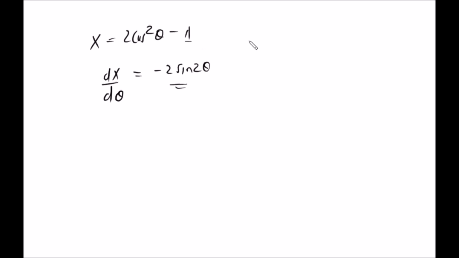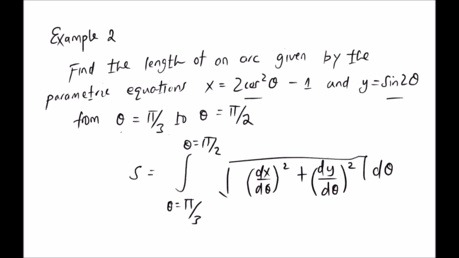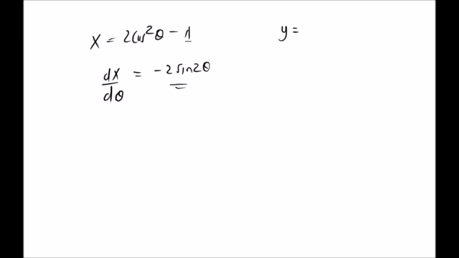Kwa hiyo nimeona niandike tu moja kwa moja. Y sasa kwenye swali amesema ni sin 2 theta. Kwa hiyo ukidifferentiate y sasa with respect to theta utapata 2 cos 2 theta.